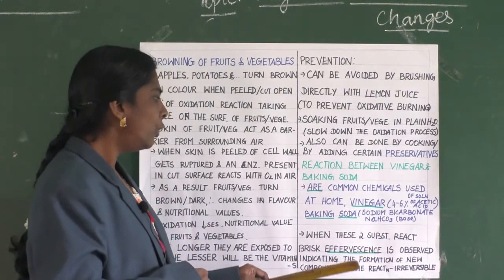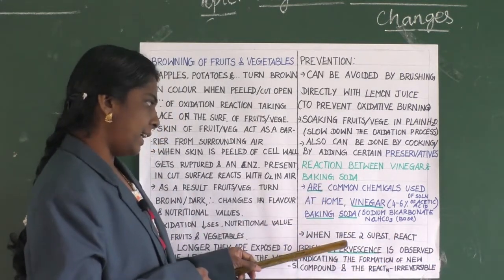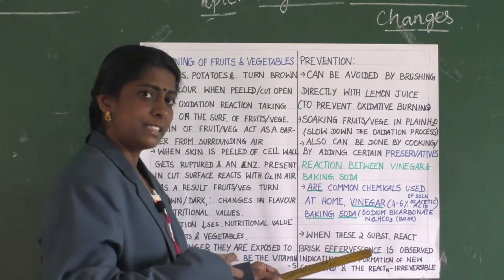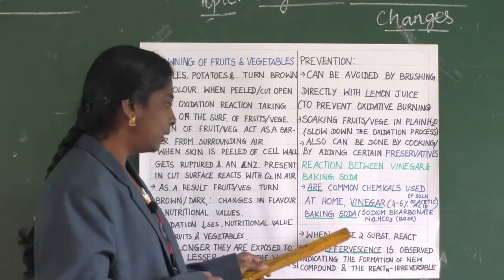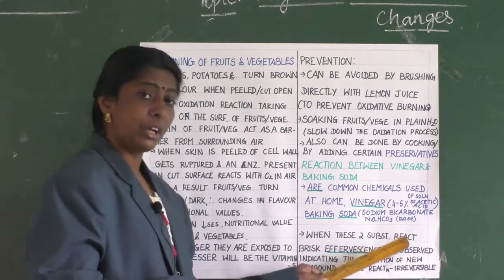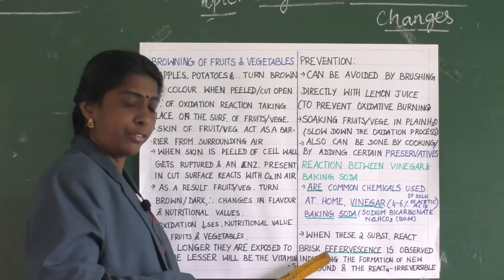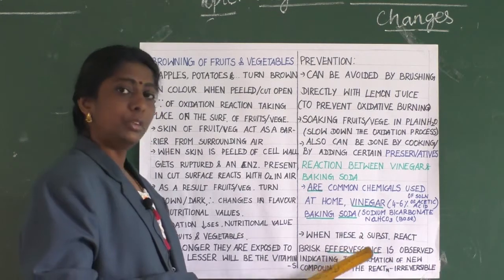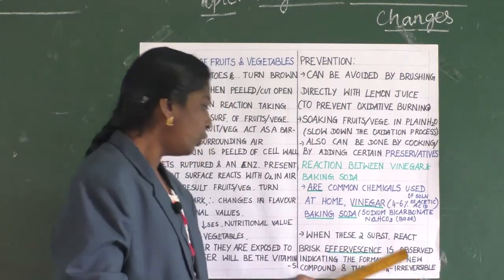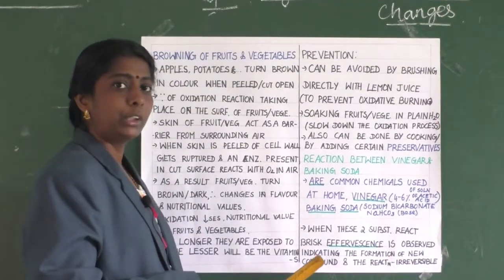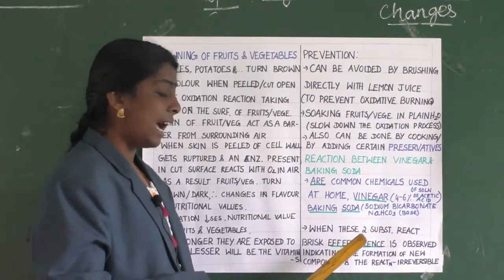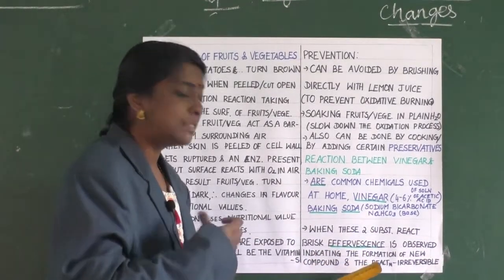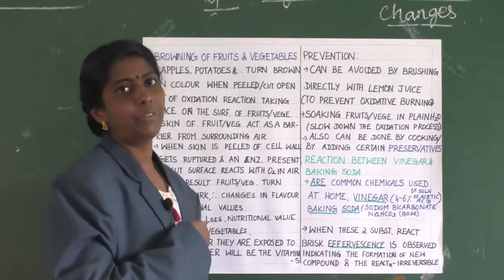So when this acid and base, these two substances react, what will happen? Brisk effervescence is observed, indicating the formation of a new compound, and this reaction is basically an irreversible reaction.